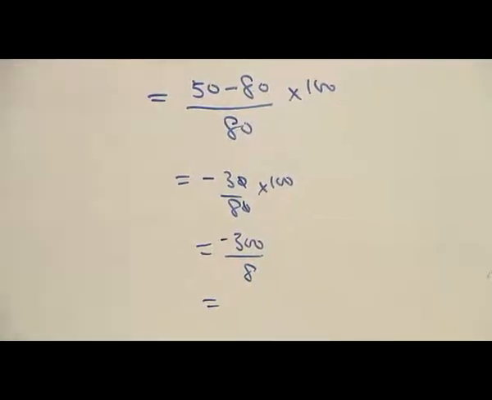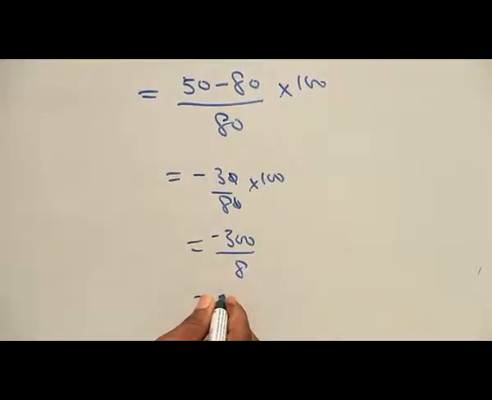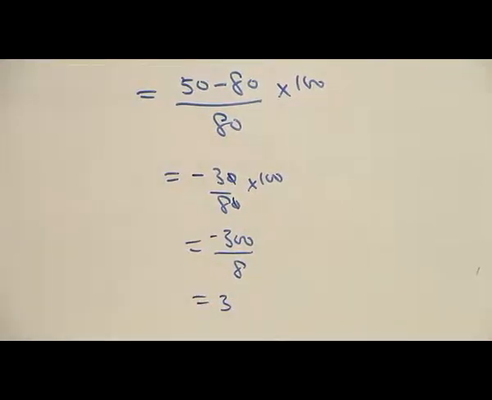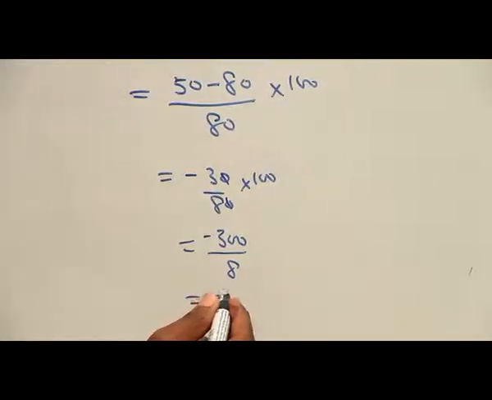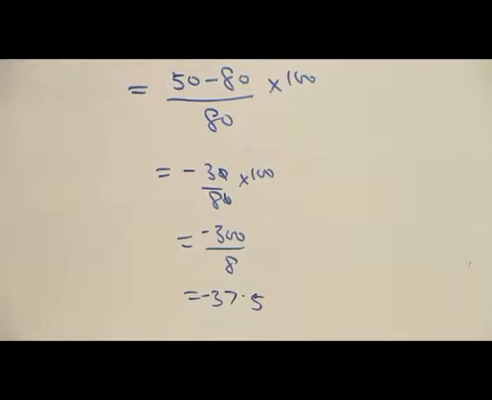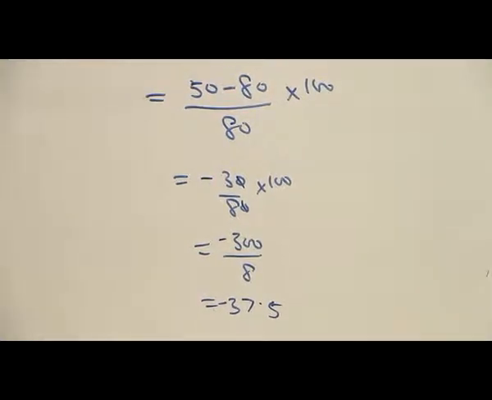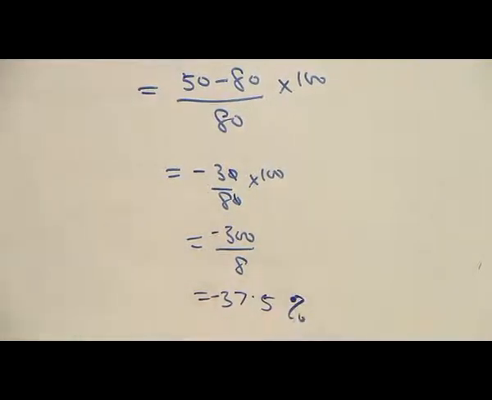The final answer: 8 in 30 is 3, 24, and we have 6 left. 8 in 60 should give us 7, that's 56 left, and you take away, we have 40, 8 in 40 is 5. So we have minus 37.5. Percentage change in price equals minus 37.5%.